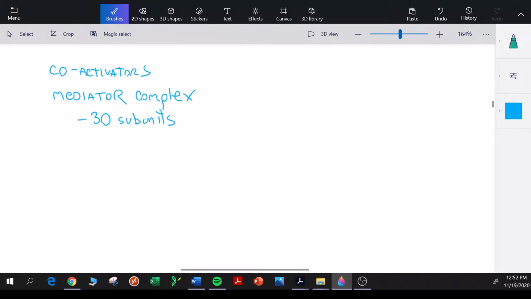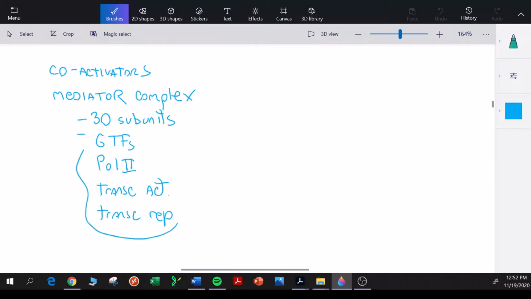The mediator complex is known to interact with general transcription factors, RNA polymerase II, transcriptional activators, and transcriptional repressors.